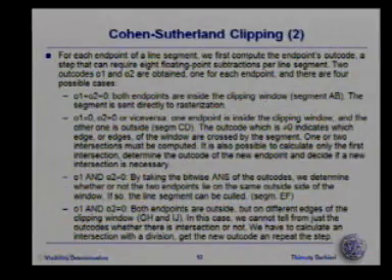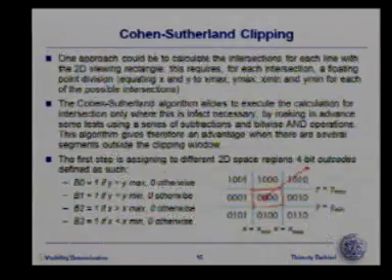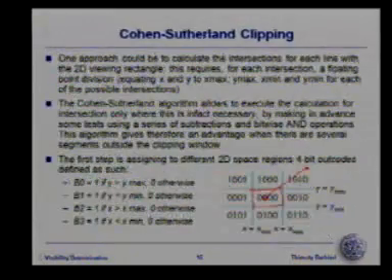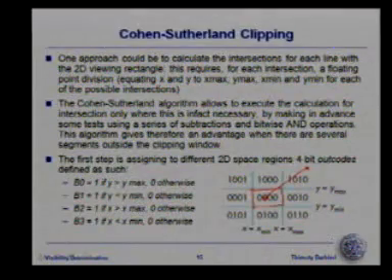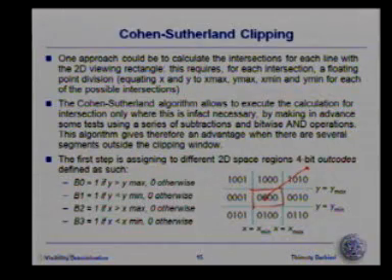The other big problem is that you make divisions to calculate the intersections. Cohen-Sutherland is good because it allows you to avoid performing divisions always. You perform divisions only when you know that there will be an intersection. But you perform the division to find the intersection.